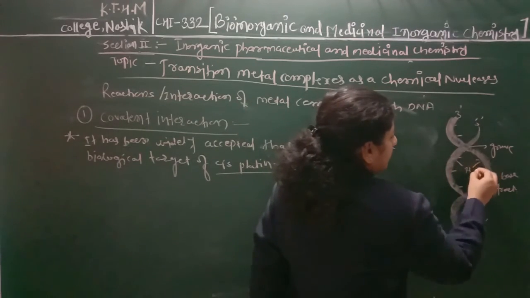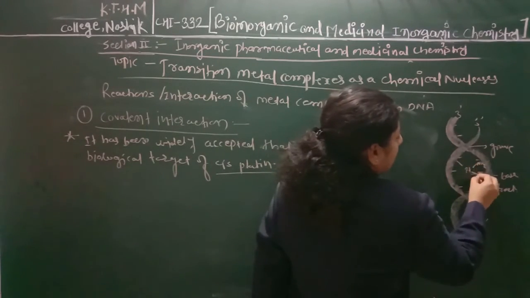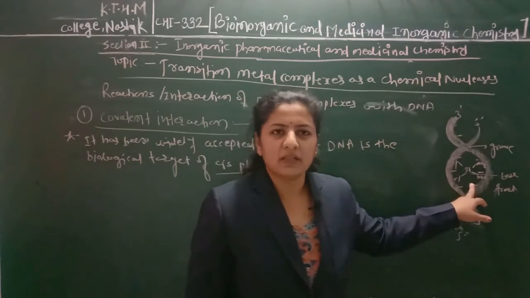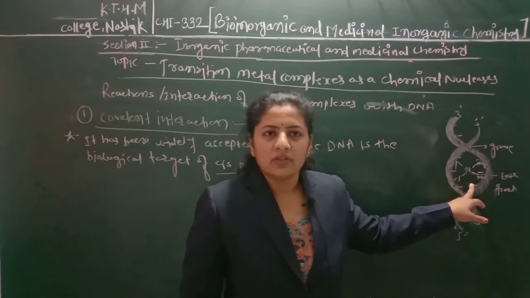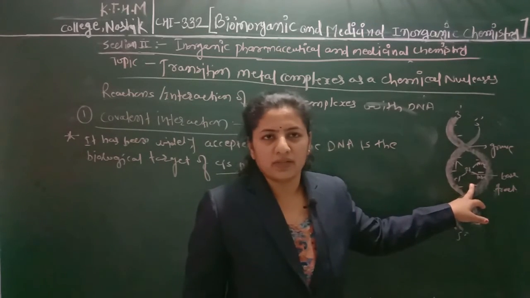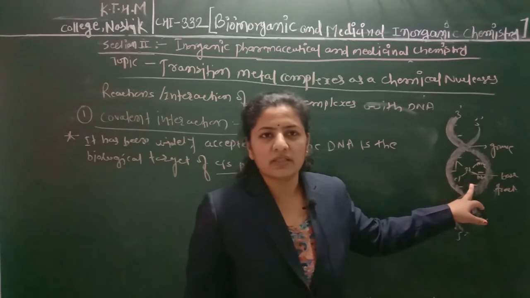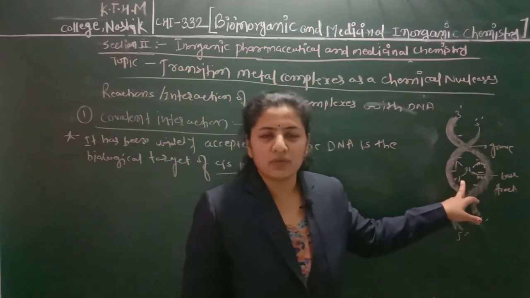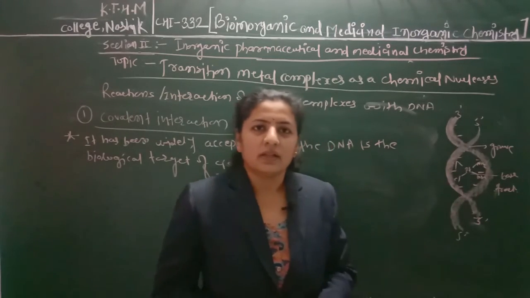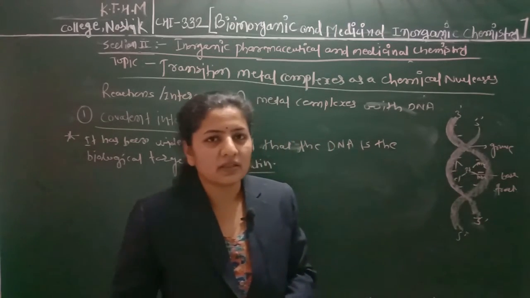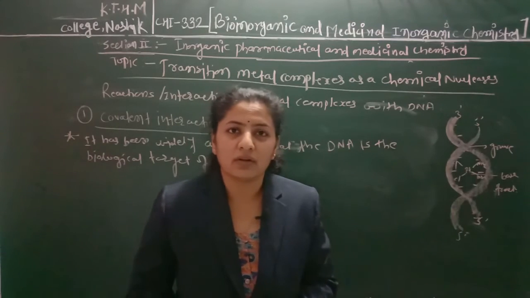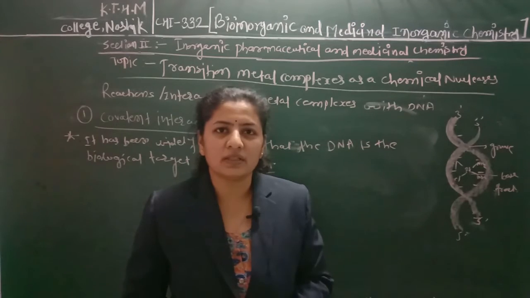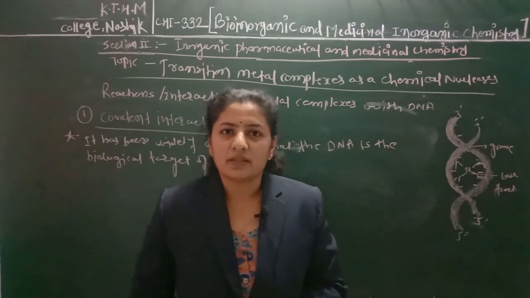Platinum is in the center. Here 2 ammonia and 2 chlorine atoms bind in these 2 strands of DNA. Generally, cisplatin is more effective than transplatin because in cisplatin the ligands are cis, in the same positions, and it can perfectly bind the DNA strands, whereas transplatin cannot, due to the trans position of the ligands, it cannot properly bind to the nitrogen bases of DNA.